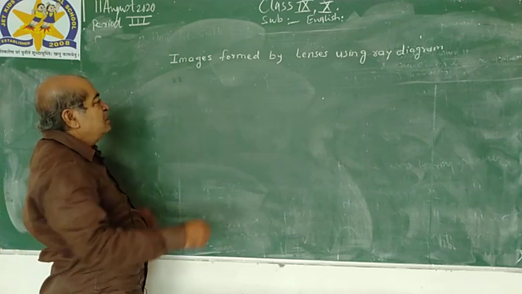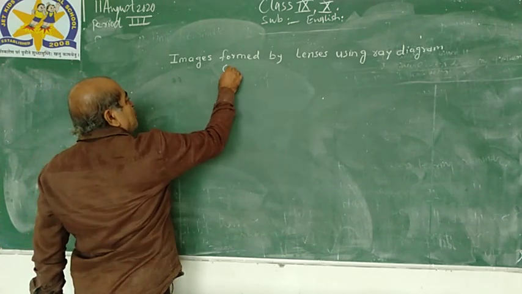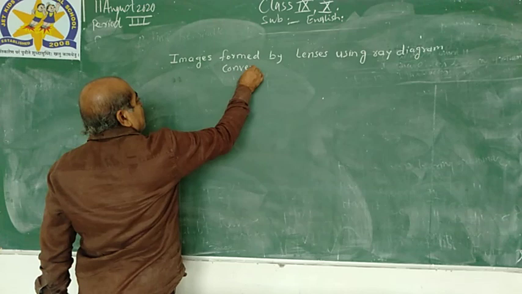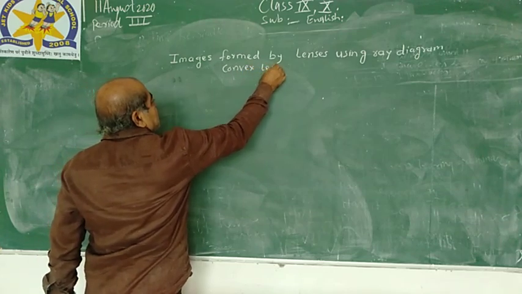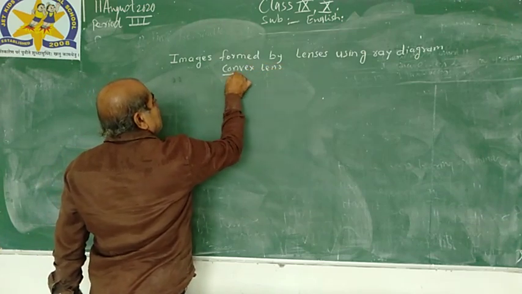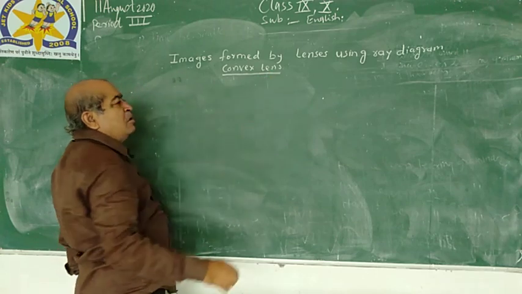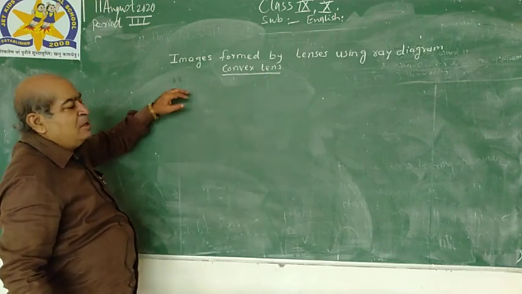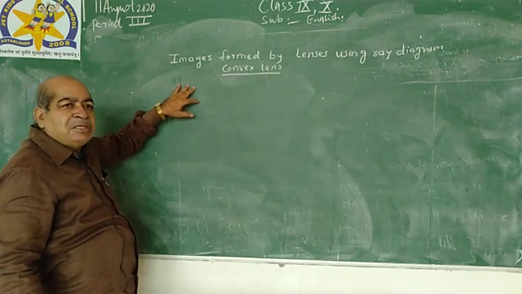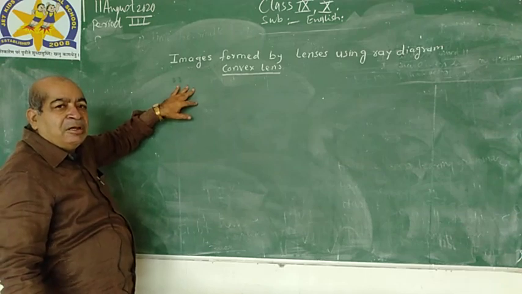First we see the images formed by the convex lens. Images formed by the convex lens. Then we see the images formed by the concave lens.